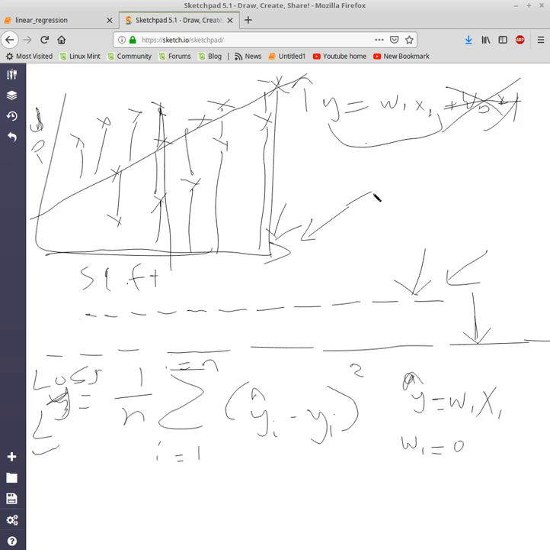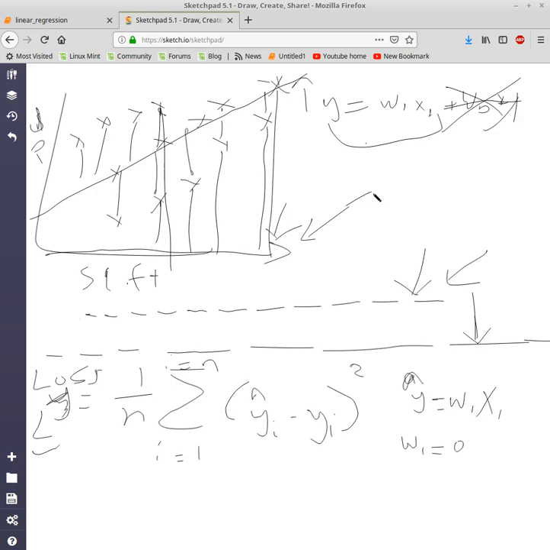So what we're going to do is calculate the derivative of this loss function with respect to w1, to see if we change w1 a little bit, what change it is going to make to the loss.